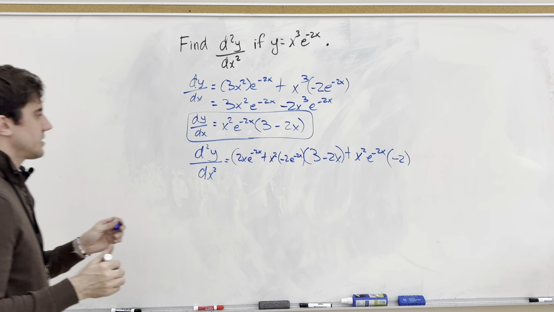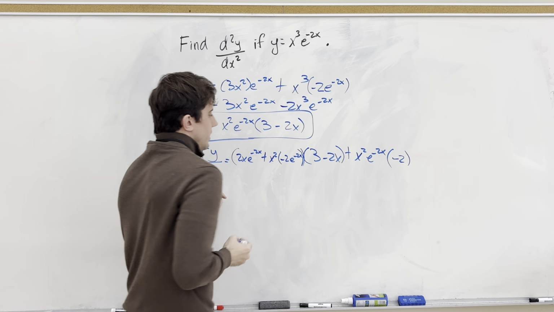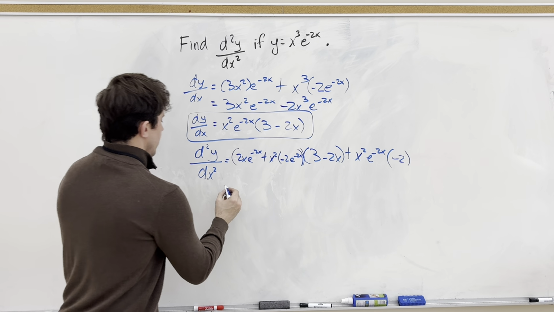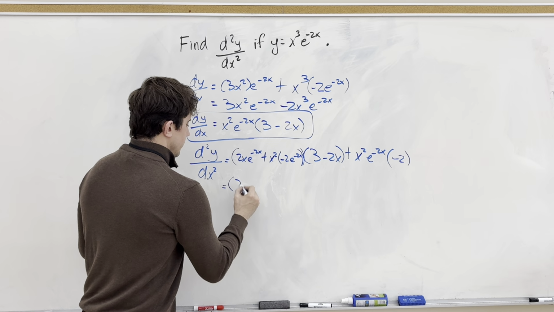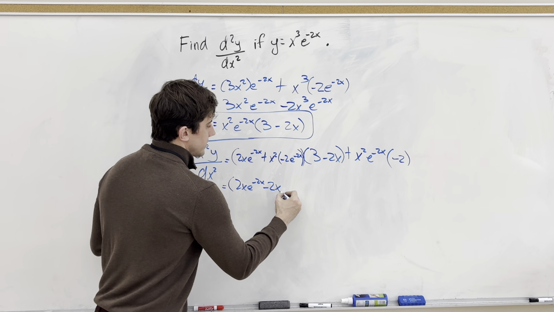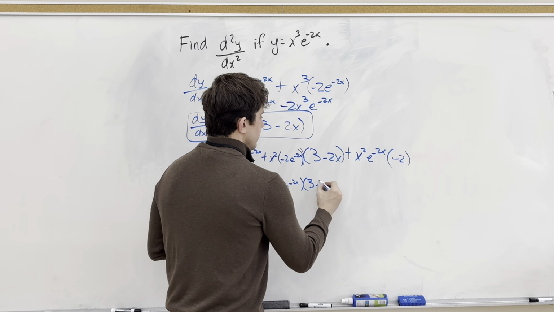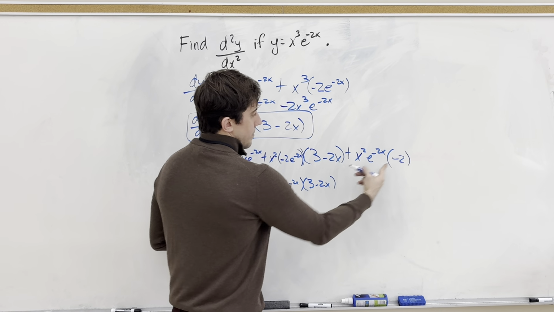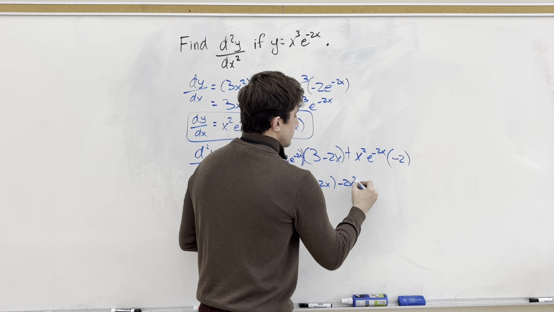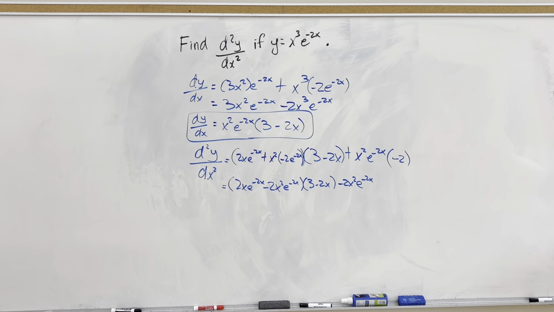And now it's just a matter of simplifying it all down. Let's be careful with our brackets. And so that is going to be 2x e to the negative 2x minus 2x squared e to the negative 2x times 3 minus 2x minus 2x squared e to the negative 2x.